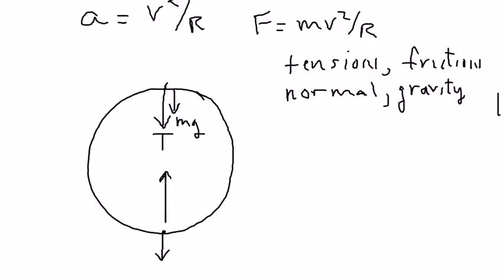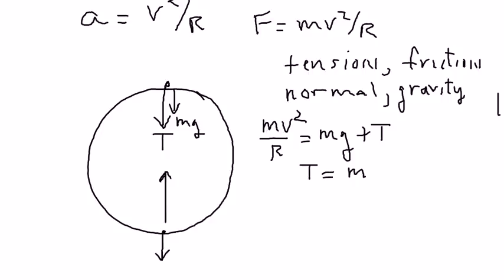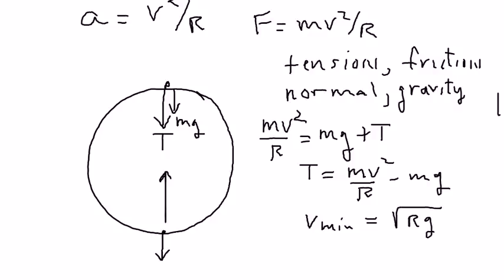At the top, you can write mv squared over r is equal to mg plus T, and therefore the tension is going to look like mv squared over r minus mg. You can see that if I'm going too slow, there's a minimum velocity, v minimum is going to equal the square root of rg, and you should confirm that.